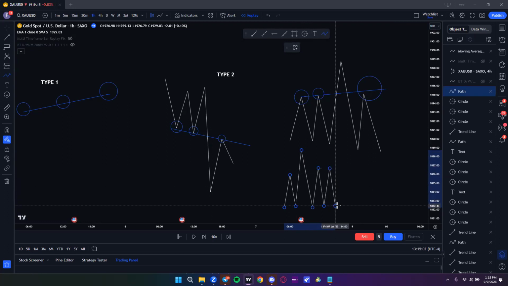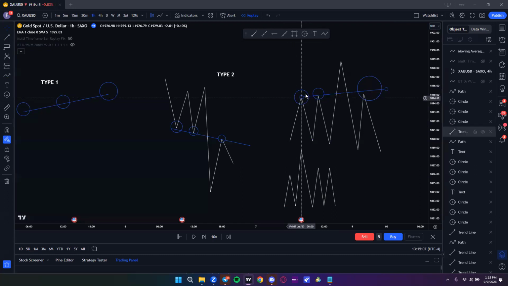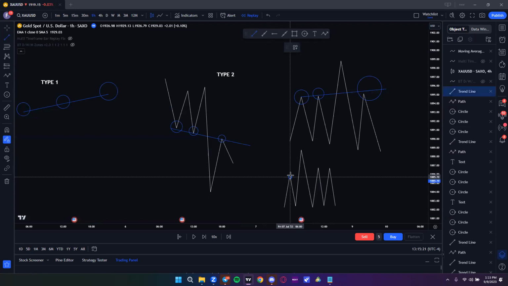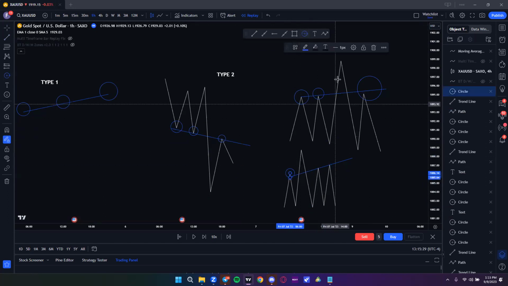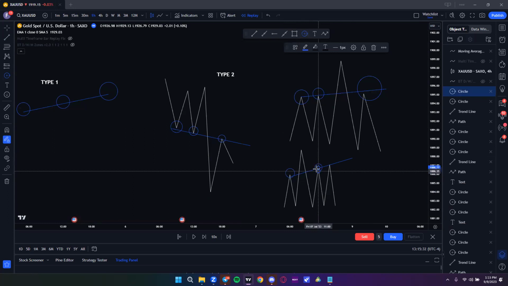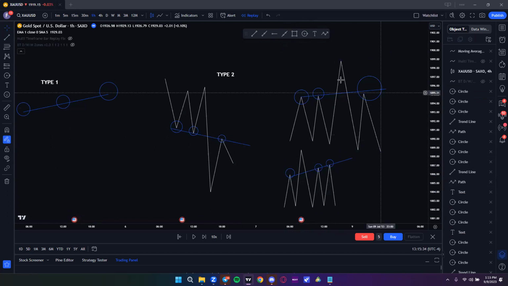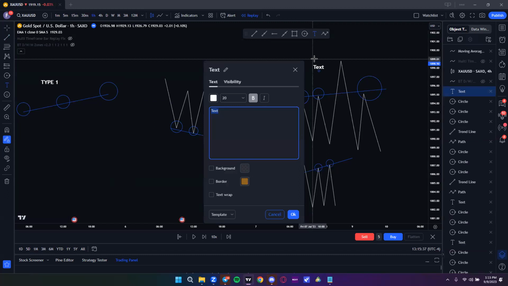It can come in between point A and B. So for this example, this is point A, this is point B, this is point C. The head of it came in between point B and point C. For this one, it came in between point A and point B. And that is completely valid. The head can come in between either. So this is trend line type 3.